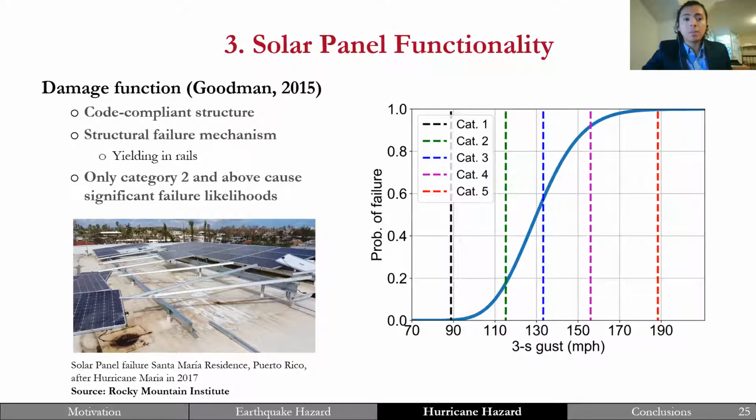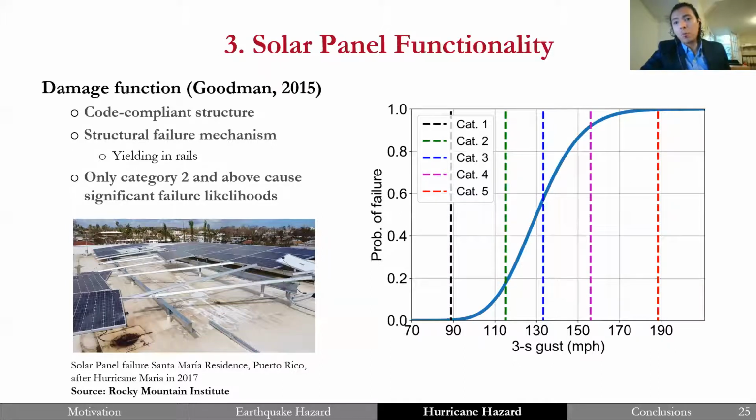And you can see that in his fragility function, only category 2 hurricanes and above cause significant probability of failure in the solar panel. You can see some examples of how they fail, with some failures on the railing or on the clippers. Very high wind conditions can just make the solar panels blow or fly.